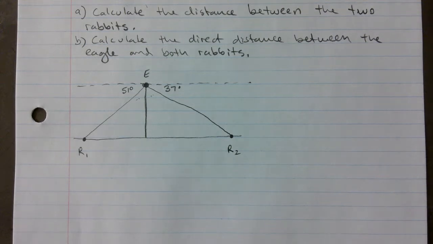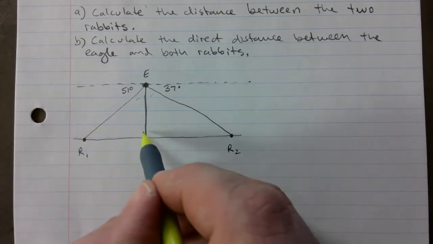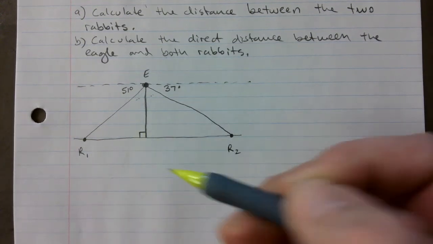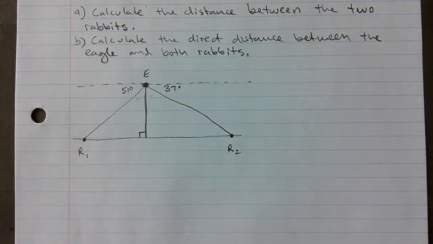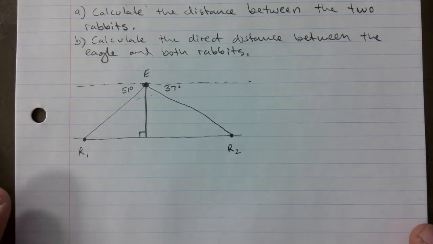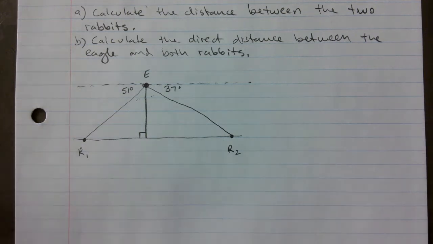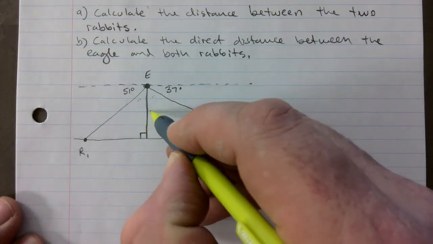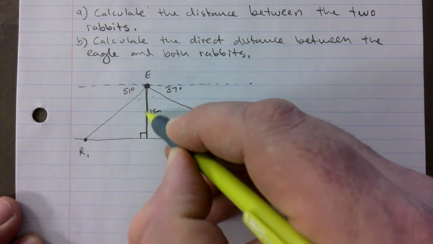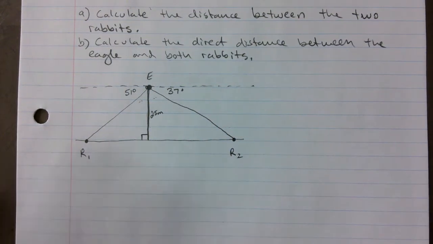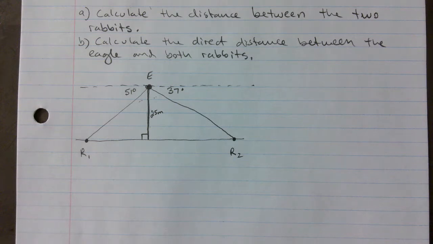And by the way, the tree, we're assuming that it's making a 90 with the ground, as most trees more or less do. So we also know that this tree itself is 25 meters. So the vertical height in this triangle, we actually know.